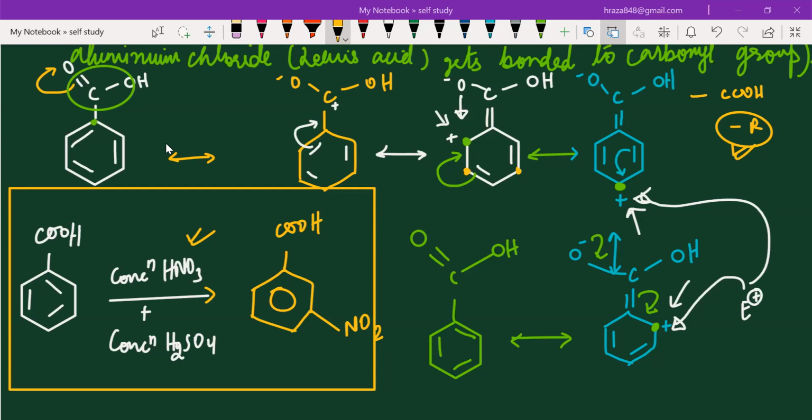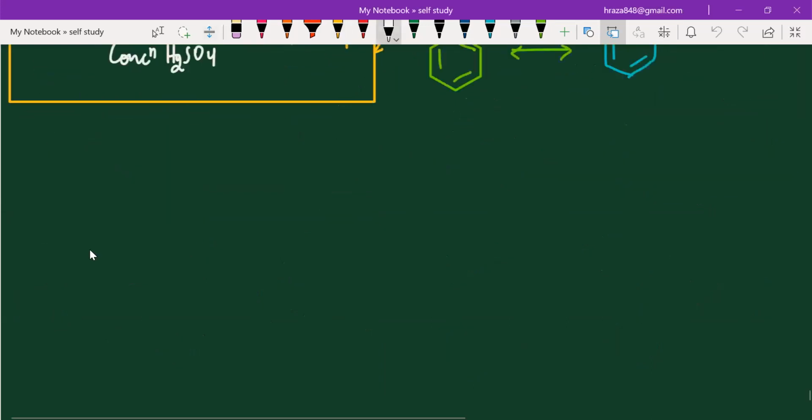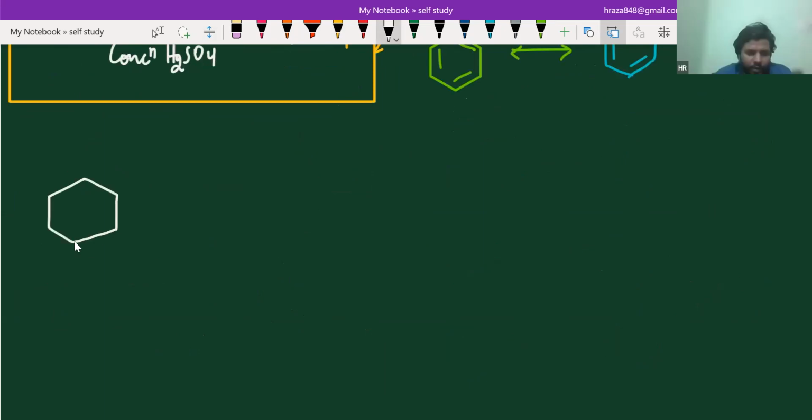Sir, done. Everyone done with this? Ahmad? Yes, sir. Okay. Now the next electrophilic substitution reaction. You can see is basically your this carboxylic acid, C double bond O, OH, and Br2, FeBr3.